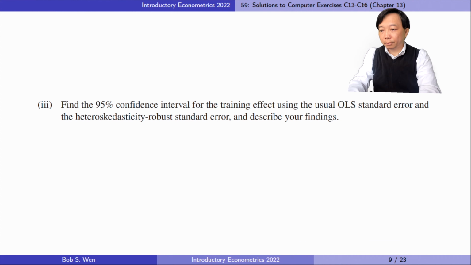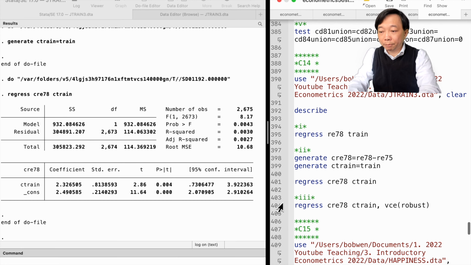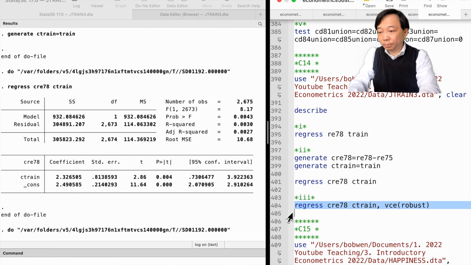In part 3, we will find the 95% confidence interval for the training effect using the usual OLS standard error and the heteroscedasticity robust standard error, and describe the findings. The 95% confidence interval using the usual standard error is from 0.731 to 3.922.